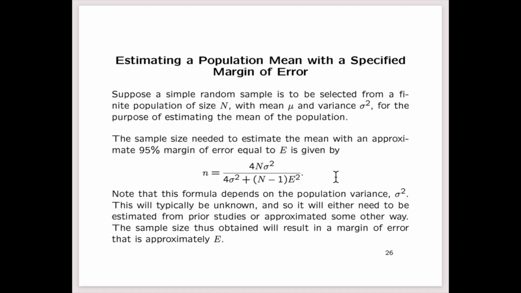And so what we'll have to do is either estimate it from a prior study or approximate it some other way. To do that, we can think back to when we talked about Chebyshev's theorem and the empirical rule. We may be able to use one of those rules in order to come up with a reasonable approximation for the population standard deviation.